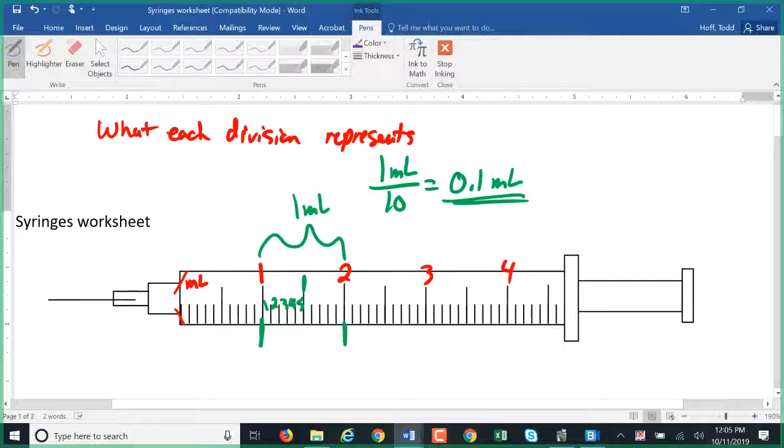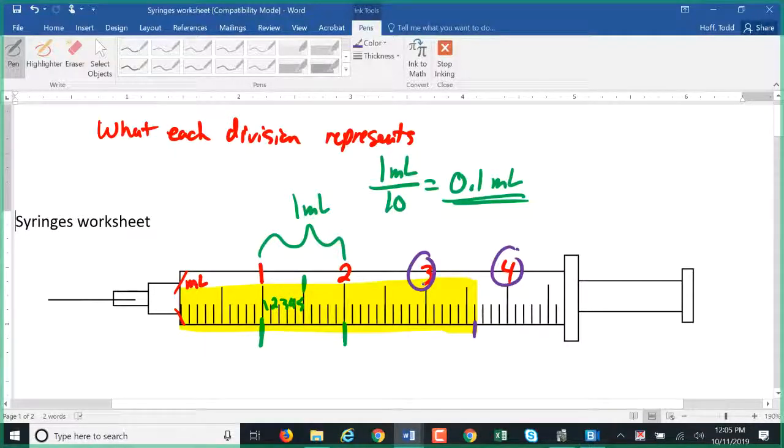Now if I fill that syringe like that, shooting for that line, I first of all look at my scale to see what is the nearest labeled measurement. So I'm either going to go from the 3 and work up, or from the 4 and work down.